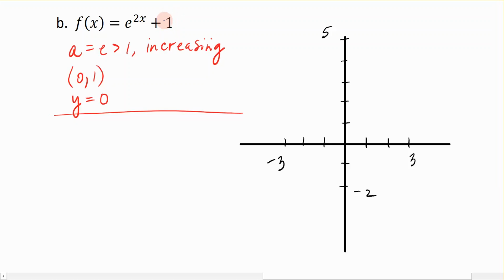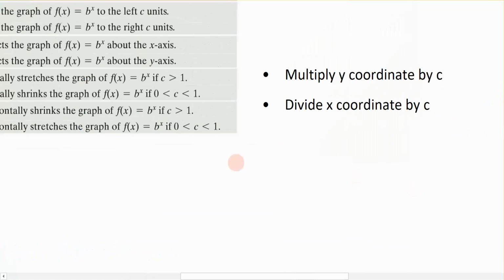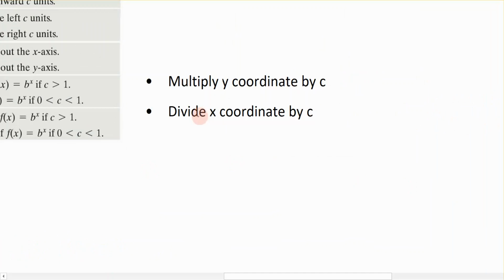Now let's go back and refer to that table that I told you I printed. If you look right here, we have a horizontal stretch or shrink occurring because the number 2 is being multiplied by my exponent. And what we said was if that's the case, then I'm going to divide my x-coordinate by c.